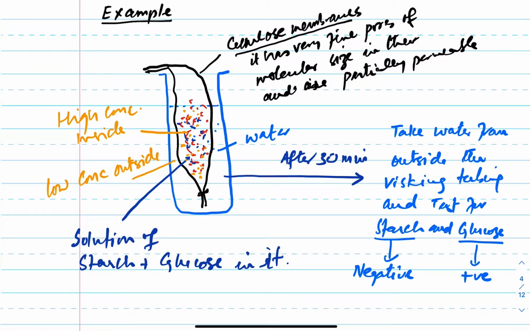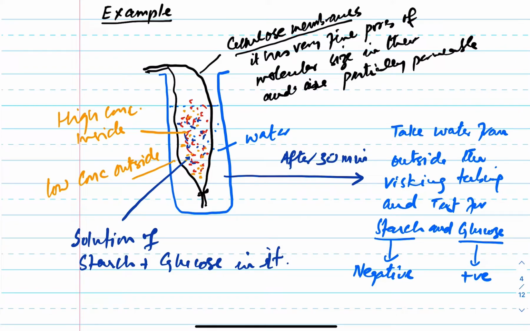Starch molecules do not move out as the membrane is partially permeable. Starch molecules are larger and cannot pass through the pores in this cellulose membrane or whisking tubing.